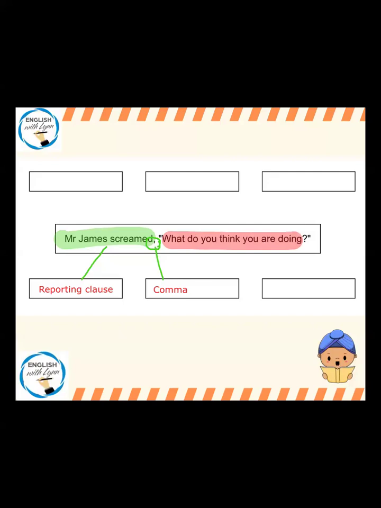That part there, it's still called dialogue. It's what Mr. James is saying. Okay. Then I've got my other rules that we needed to remember. I've started and I have ended with inverted commas. So again, they're in pairs.